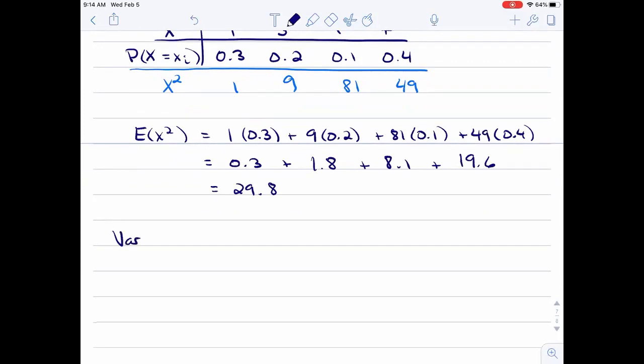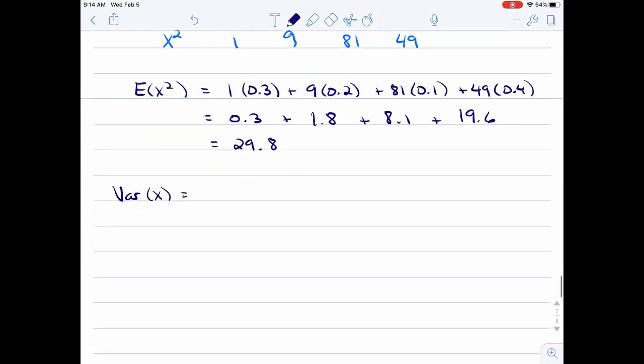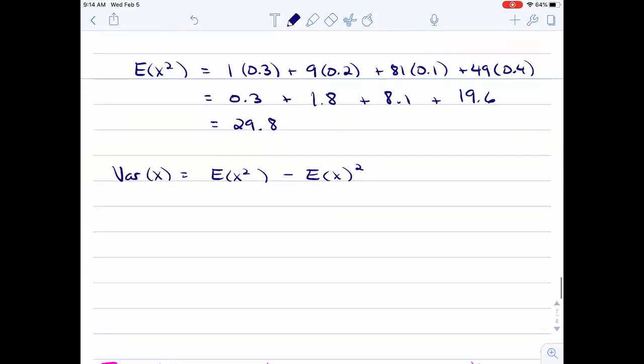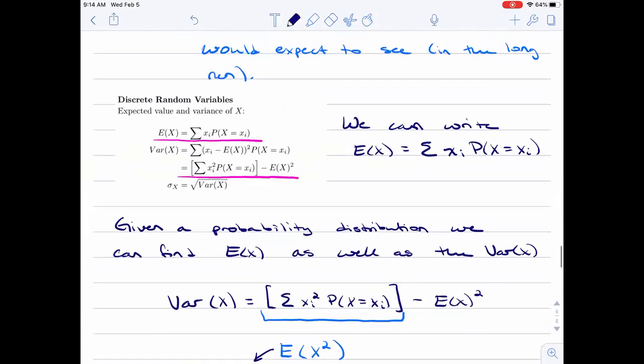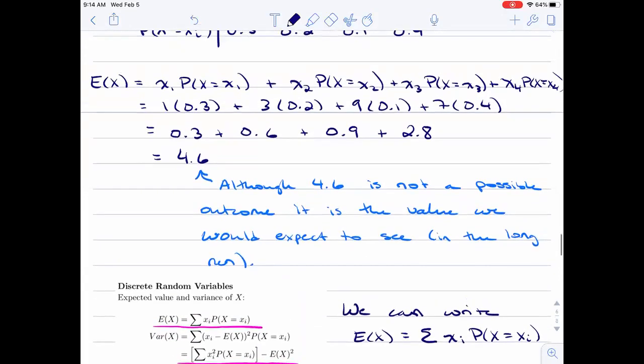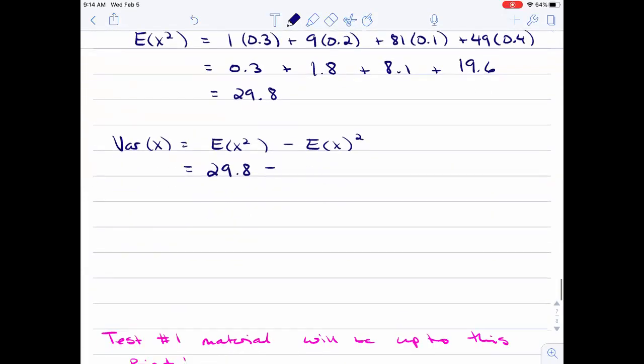Now I can find the variance of x if I just use the expected value of x squared minus the expected value of x, squared. Those two are different. Because now I have each of these components, 29.8 minus the expected value of x, which was 4.6, and then squared. So first I have to find 4.6 squared.